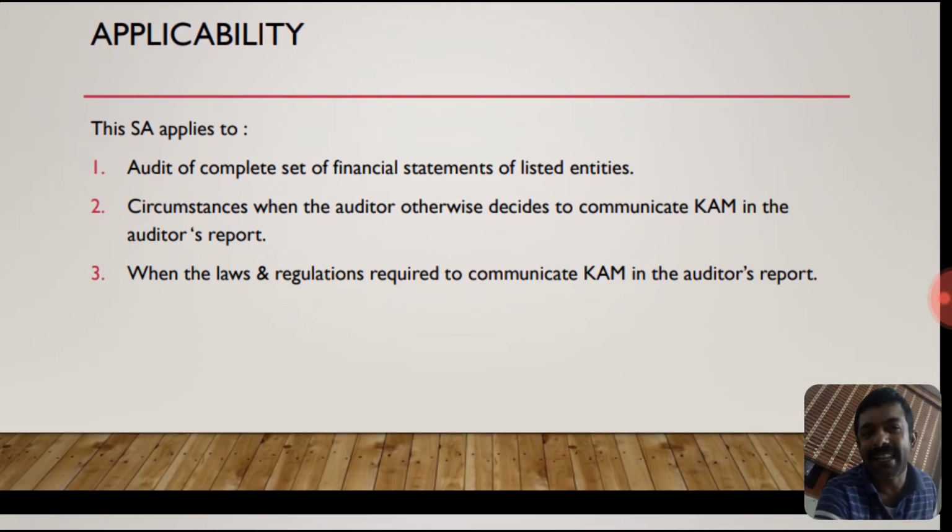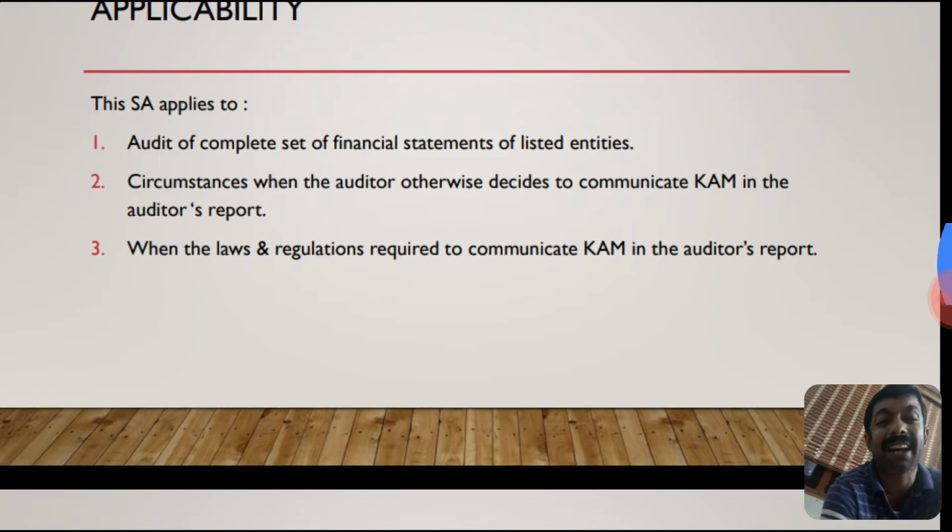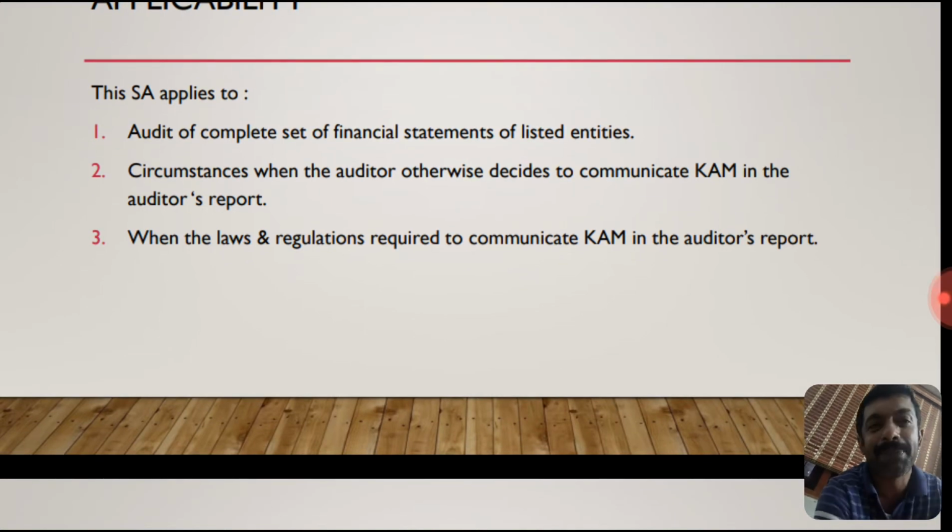Applicability, this is the important area. For the audit of a complete set of financial statements of a listed entity, it will be applicable by default. The auditor has to communicate in the auditor's report, following the basis for opinion paragraph.